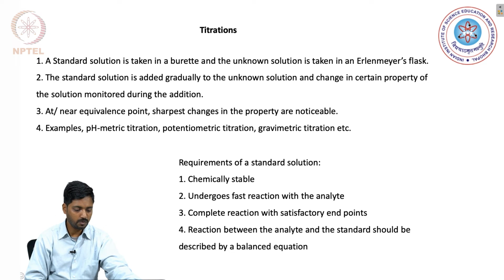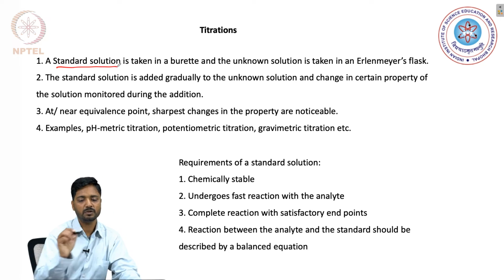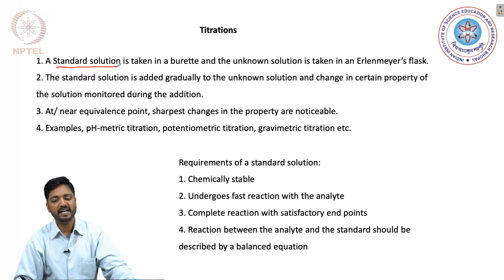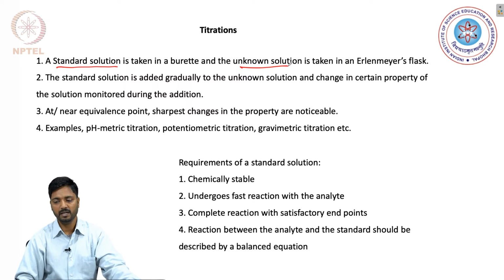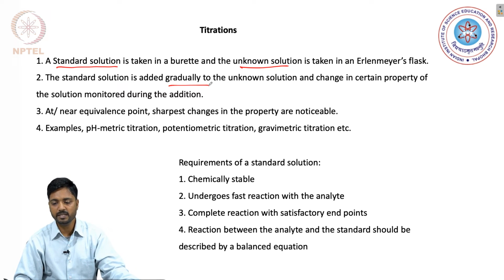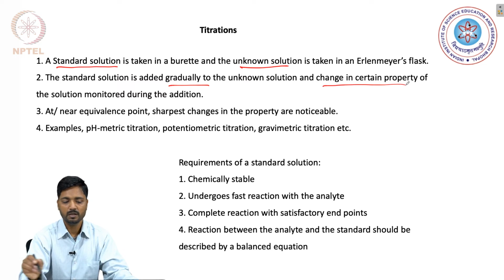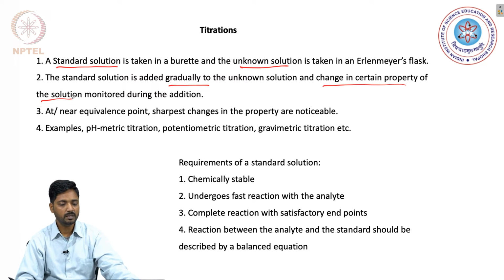So as all of you must be aware, in a titration what we need to do is to take a standard solution and that is added to an unknown solution which is taken in an Erlenmeyer flask or a conical flask, and the standard solution is added gradually, and the change in the property of the reaction mixture or the solution is monitored during this addition.